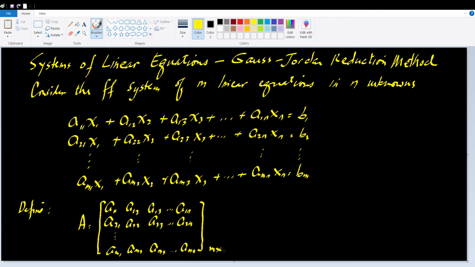This m by n matrix is called the coefficient matrix. We shall refer to this as the coefficient matrix.